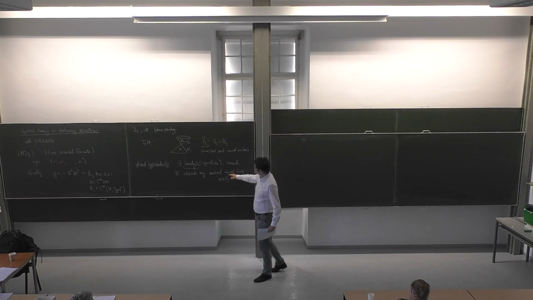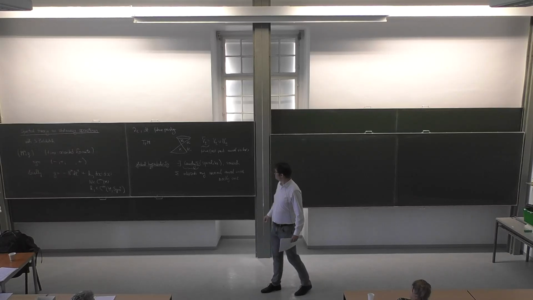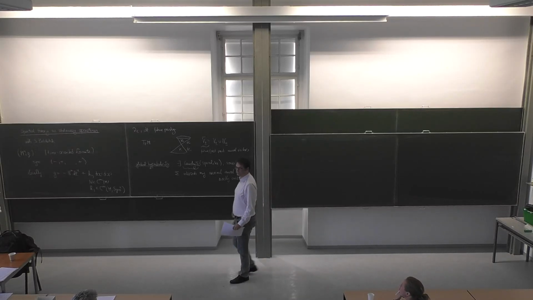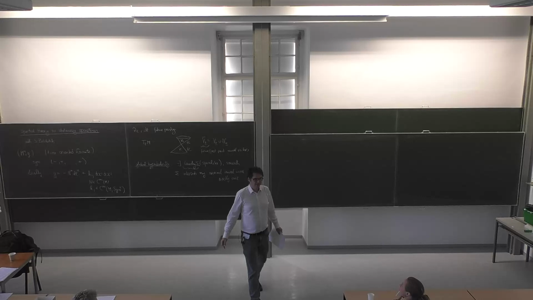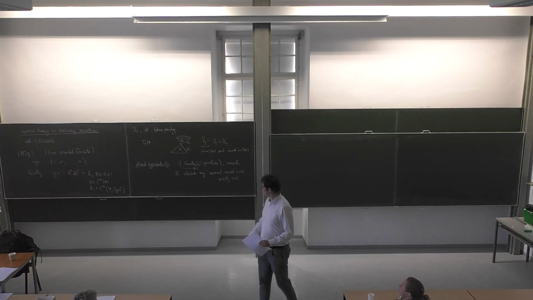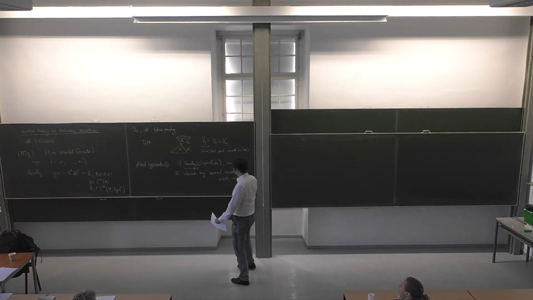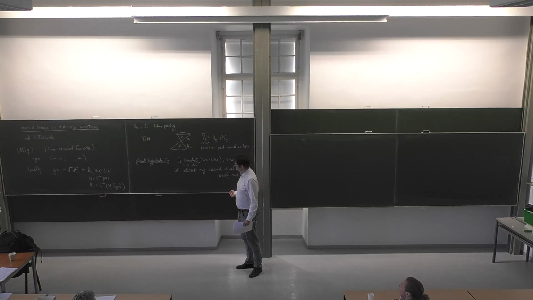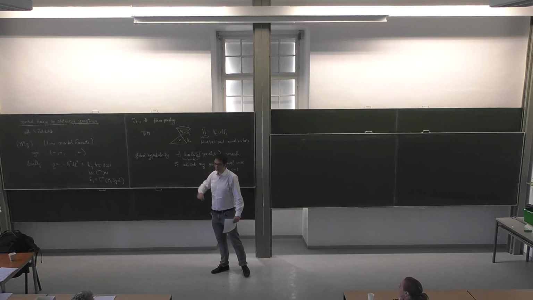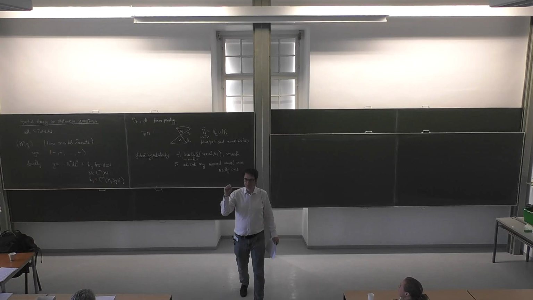What's a causal curve? That's a curve whose tangent vector is causal at every point. So basically, as an observer, you can travel on those. If you're on a light-like curve, then of course you're traveling at the speed of light, but it means that you're not going faster than the speed of light.